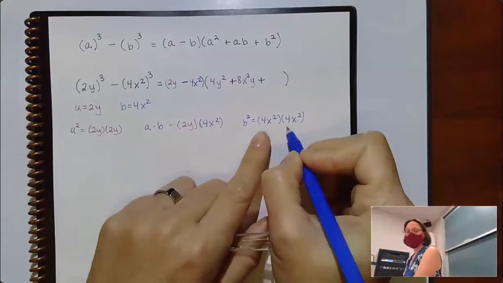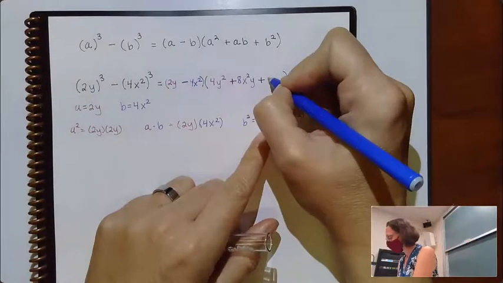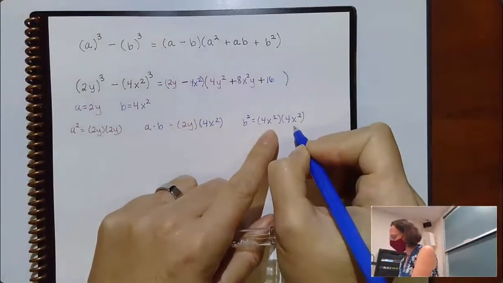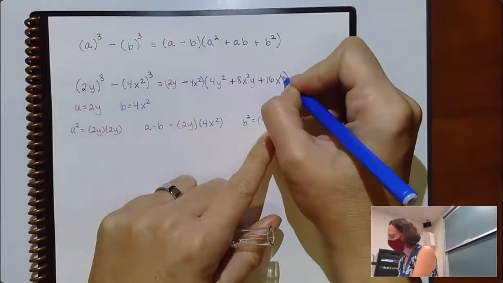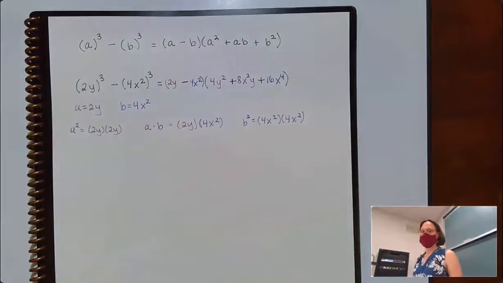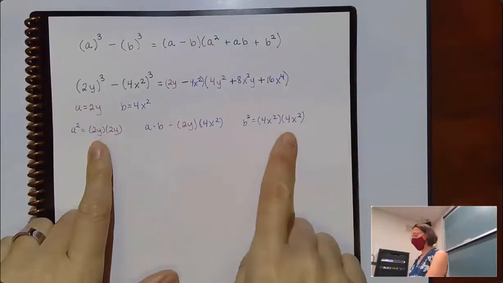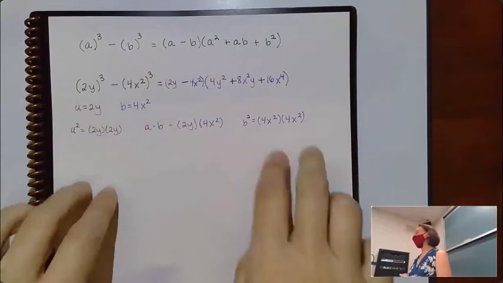When I multiply the two numbers, I'll get 16. X squared times x squared gives me x to the 4th. So it's gross. But it's a formula. The biggest thing is keeping track of the positive, negative signs in there and making sure that you're correctly squaring out or multiplying and simplifying those terms.